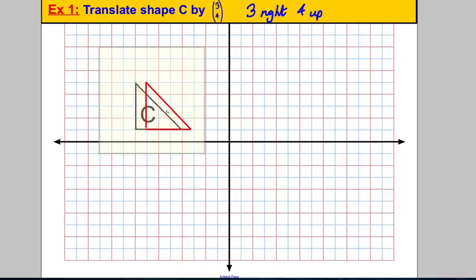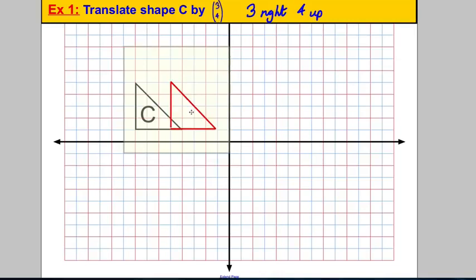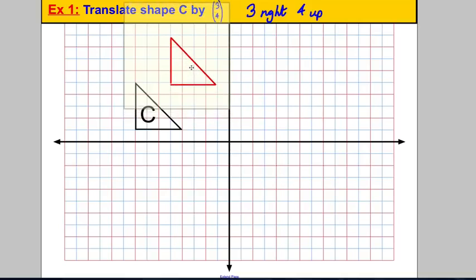So 1, 2 and 3 and 4 up, which is 1, 2, 3 and 4. And then we'll peel off the tracing paper and we'll mark the corners, one corner there, one vertex there and one vertex there. And then what we can do is take away our tracing paper and then fill in the shape as follows.